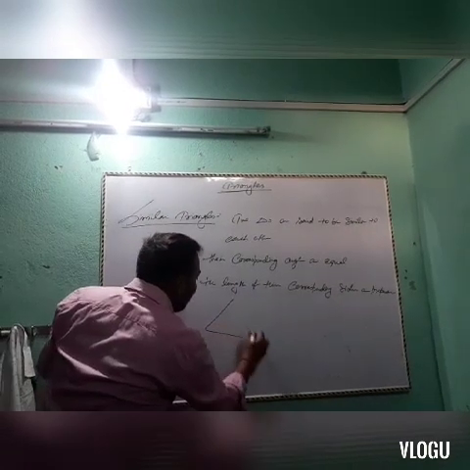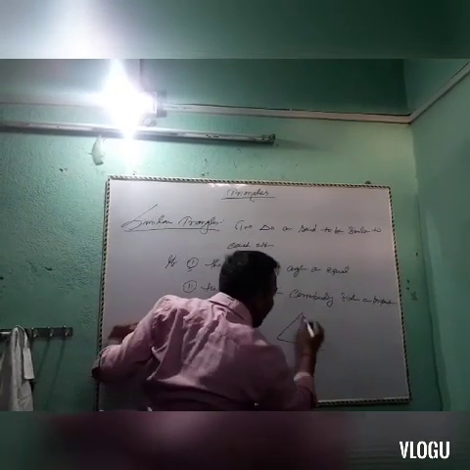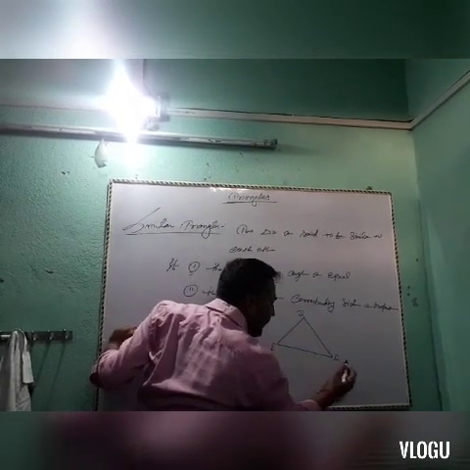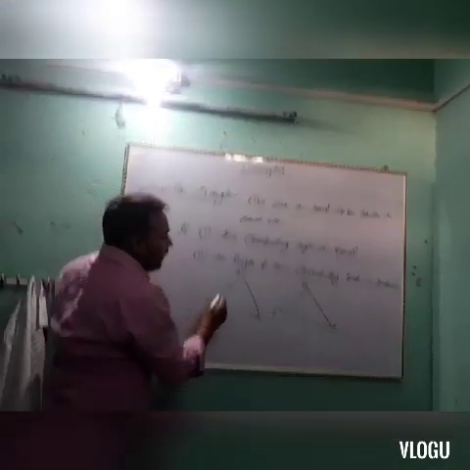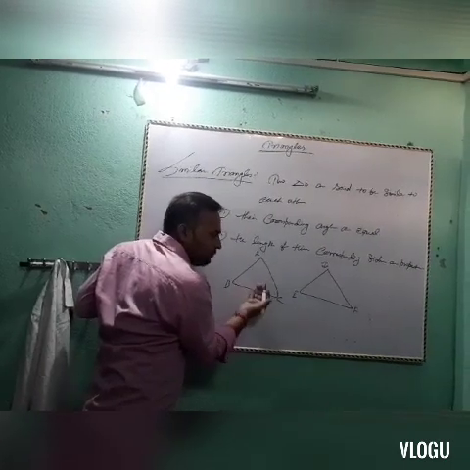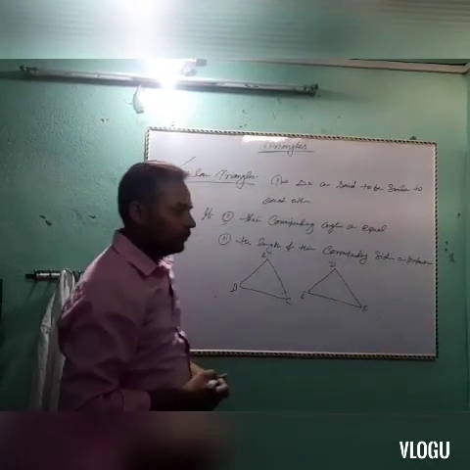Suppose ABC is the first triangle and DEF is the second triangle. Triangle ABC is superposed on triangle DEF.